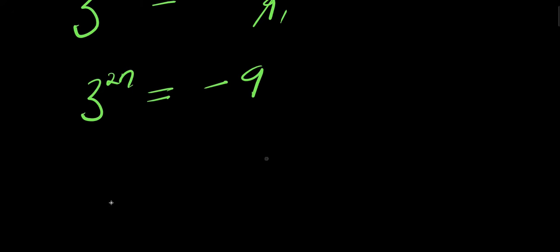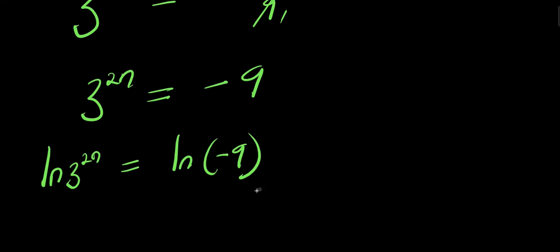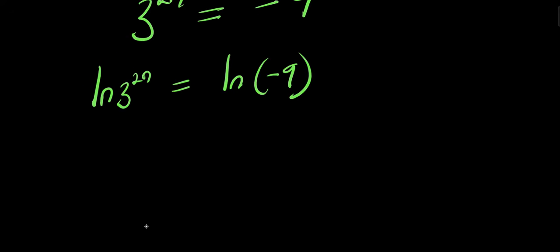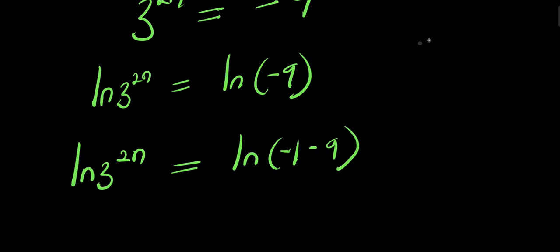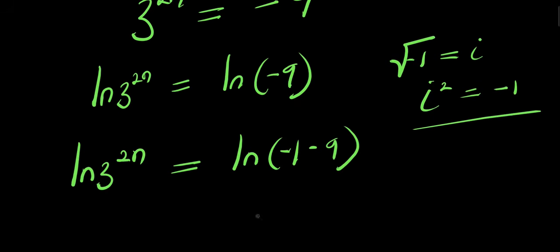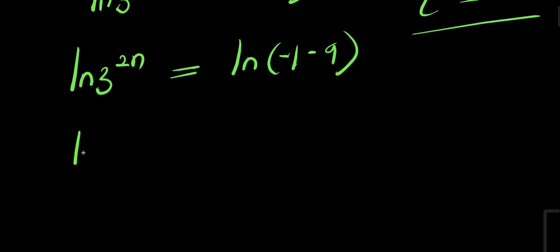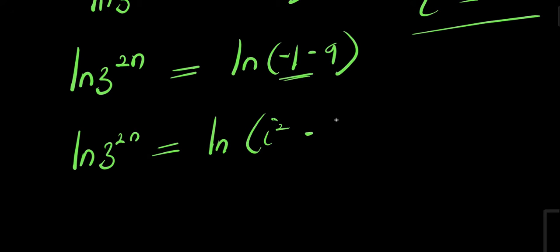So from here, I apply natural log: natural log of 3 power 2n equals natural log of negative 9. So let's also express this using the complex identity. i squared equals negative 1. So natural log 3 power 2n equals natural log of i squared, that is negative 1, times 9.